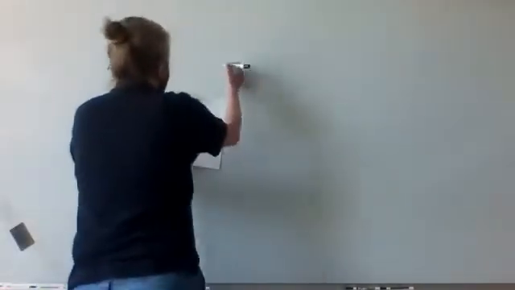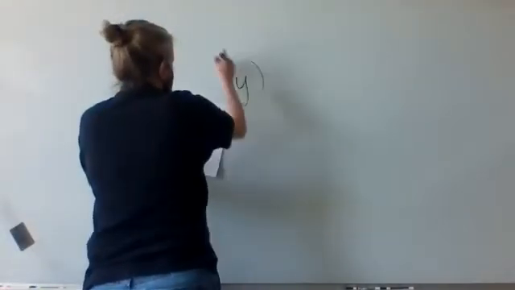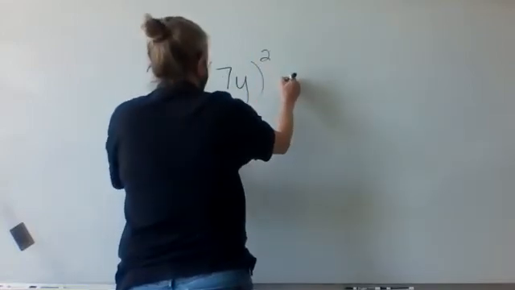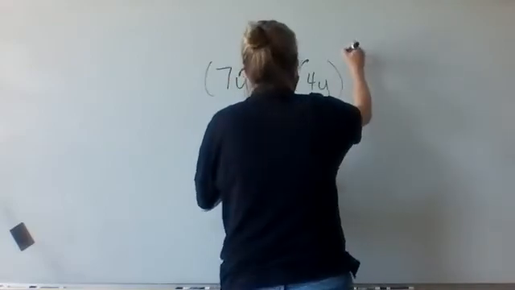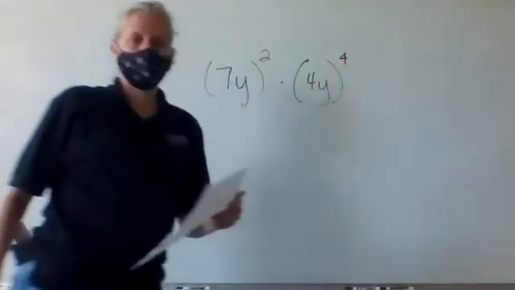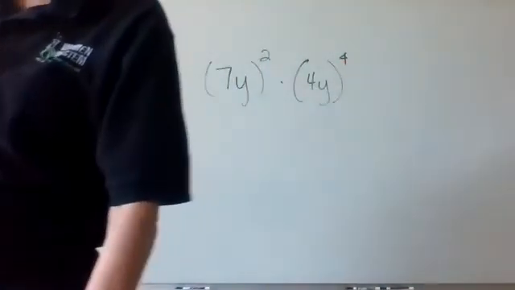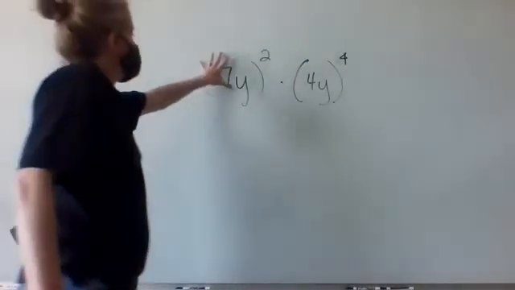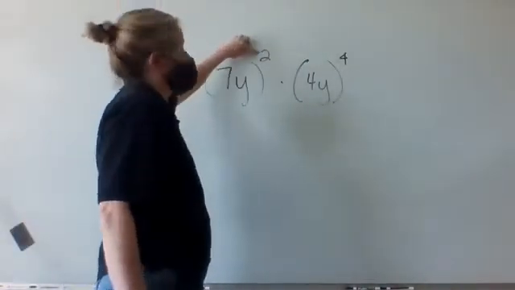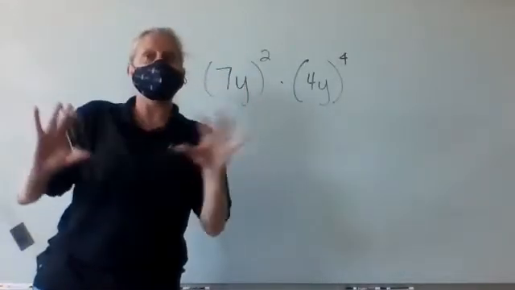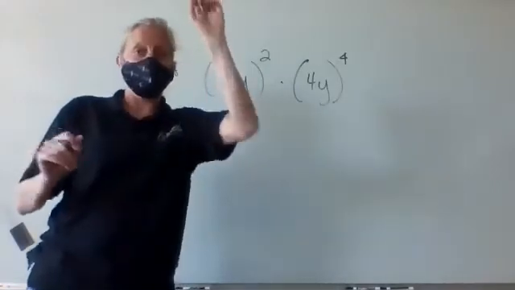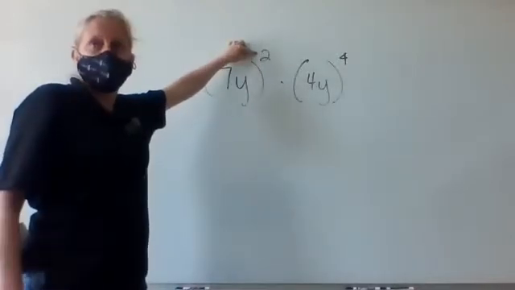Number 3. 7y in parentheses squared times 4y in parentheses to the 4th. First of all, if you have a parentheses with an exponent on top of it, that means everything in that parentheses is, in this case, squared, right?